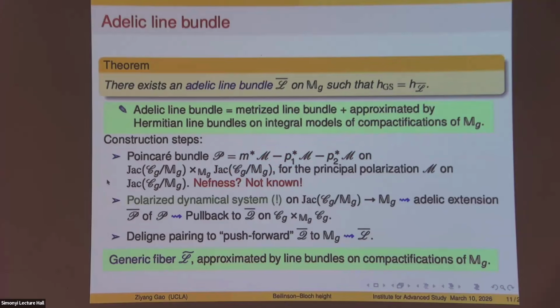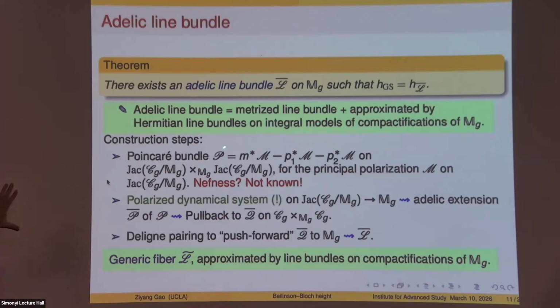So for example, we don't know whether this bundle is nef or not. This is actually one of the biggest problems, the hardest point in our proof. We don't know the nefness of this, whether on the geometric fiber or just arithmetic things, we don't know whether it's nef or not.